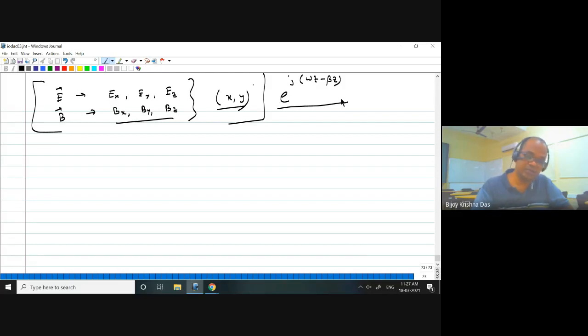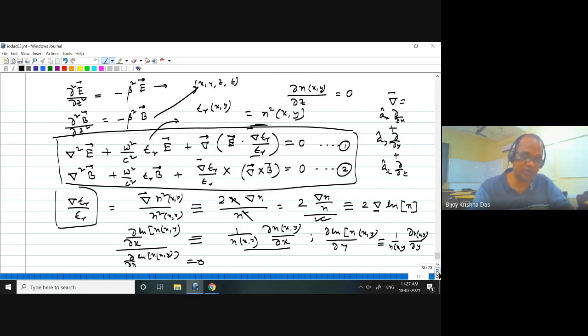Now, if I assume that there are 3 components of the electric field and 3 components of the magnetic field, now you see equation 1. This is a vector equation. Equation 2 is also a vector equation.